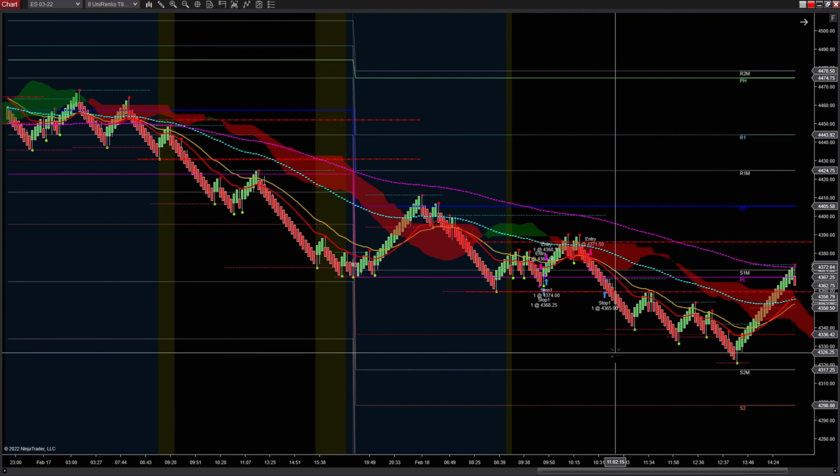And then I'm going to expand this area here to see the trades. So these trades, it is actually three trades, two losers and one winner.